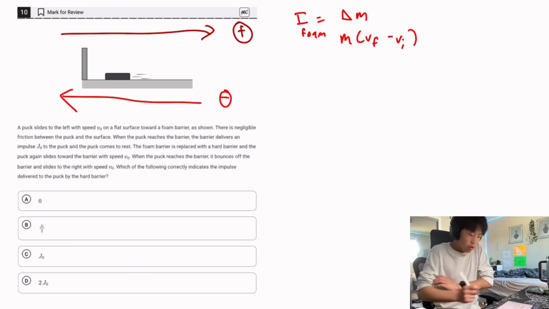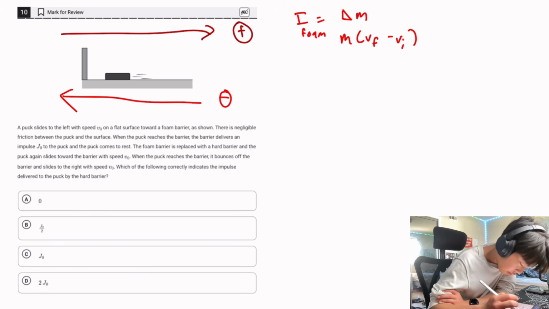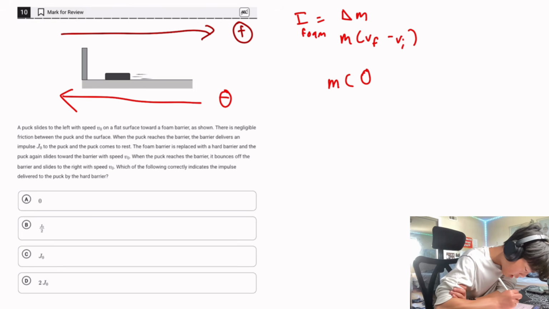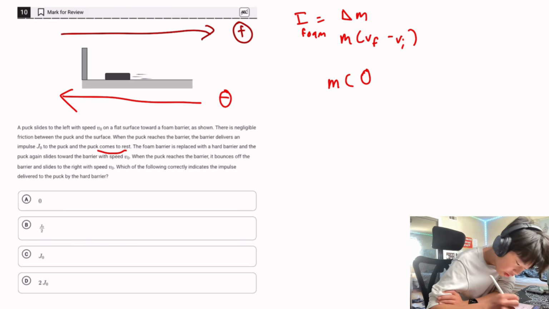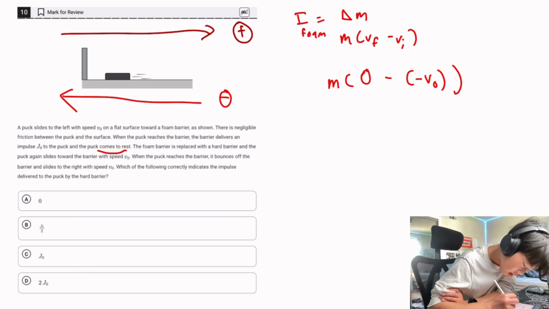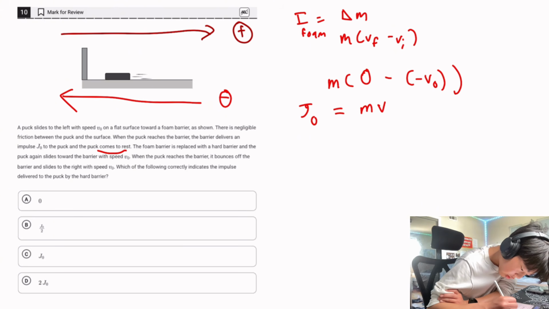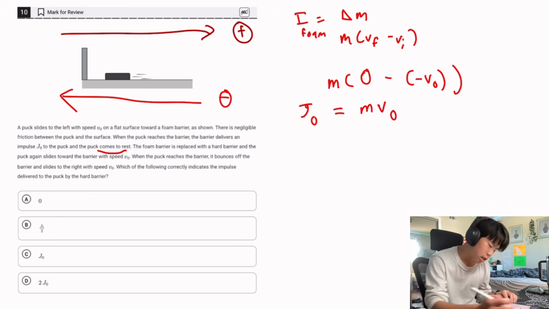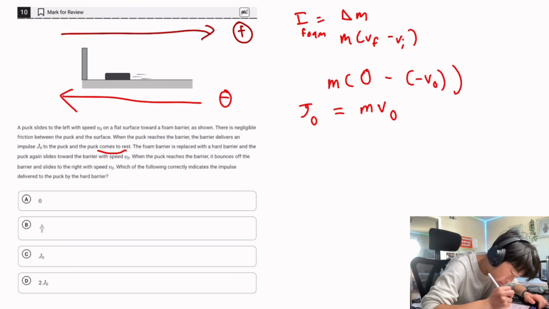When it's moving in the negative direction, it has a velocity of negative v naught. So it's m times 0, because it comes to rest when it hits the soft foam barrier, minus negative v naught. We know why we did this, because it's moving in the negative direction. So j naught is equal to m v naught. Pretty easy.